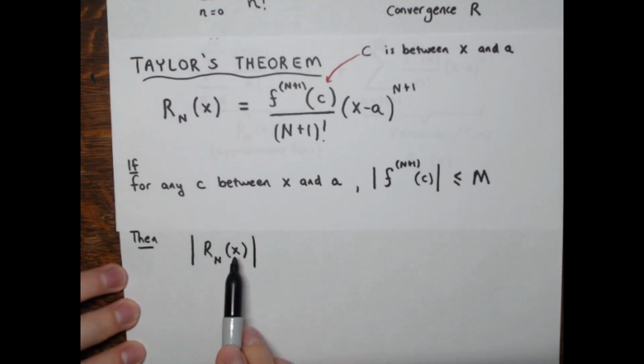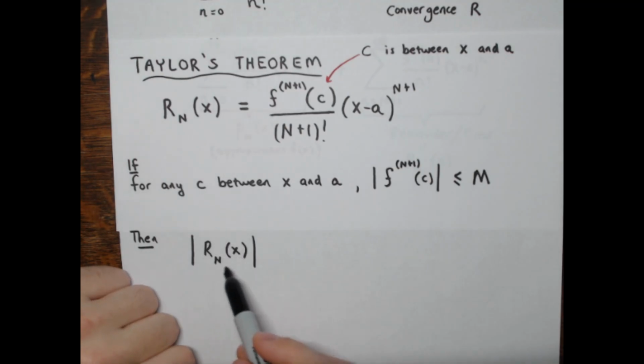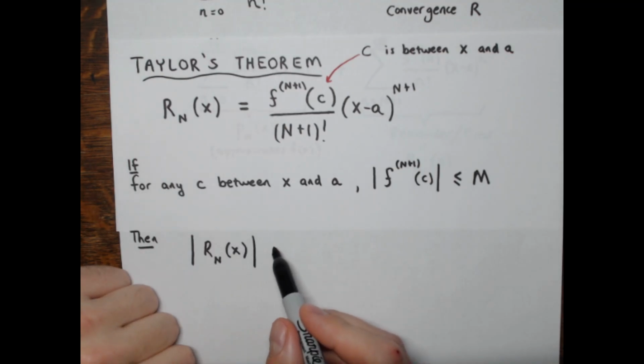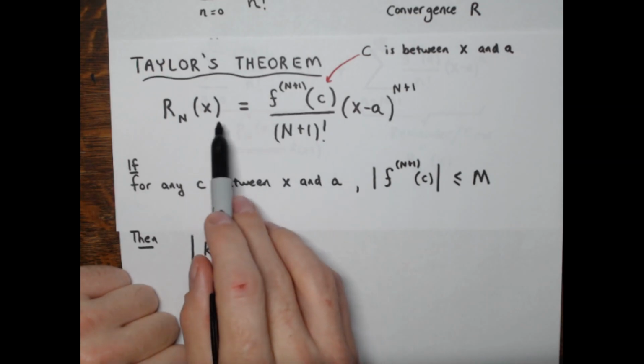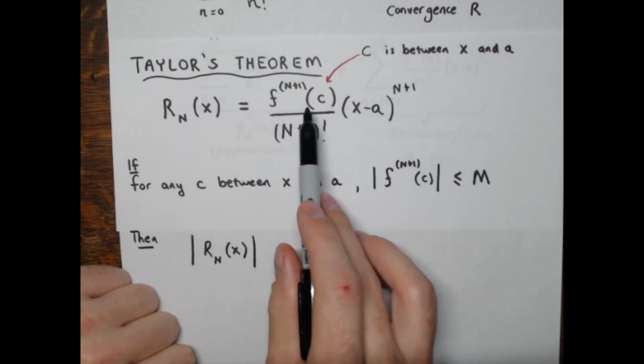So when we approximate f at x with the nth degree Taylor polynomial, this is how far off our estimate is, right? The absolute value of this r sub n of x is just the distance off.